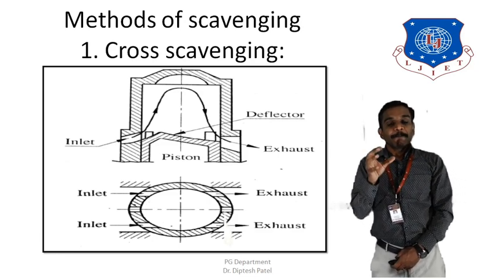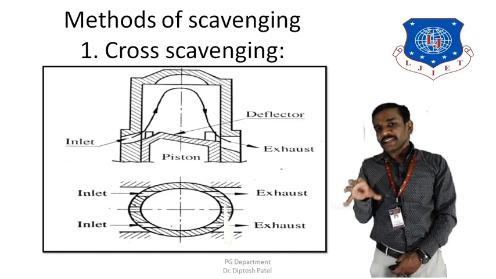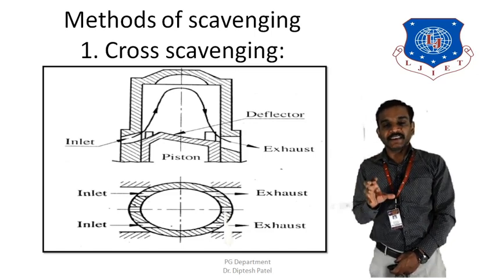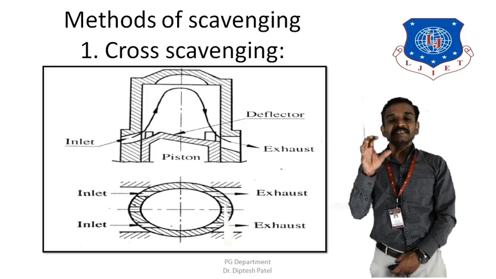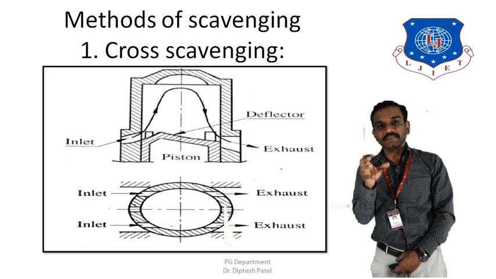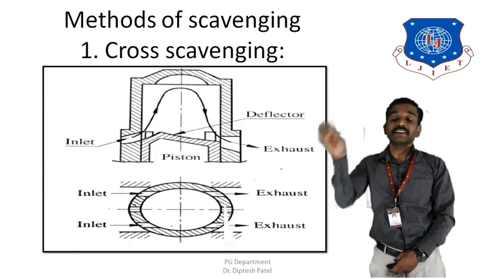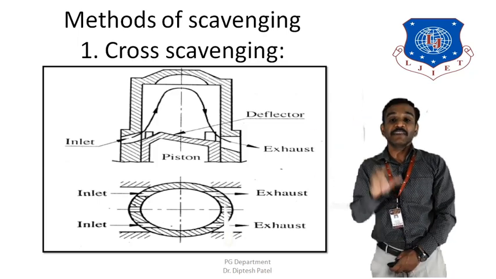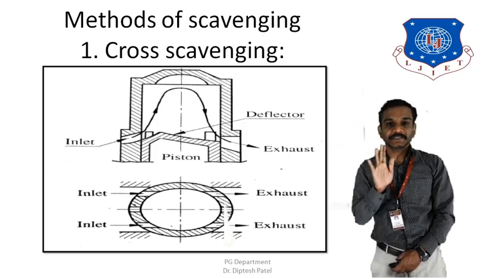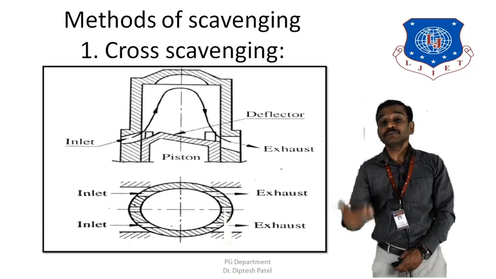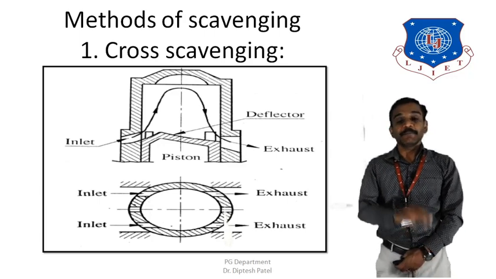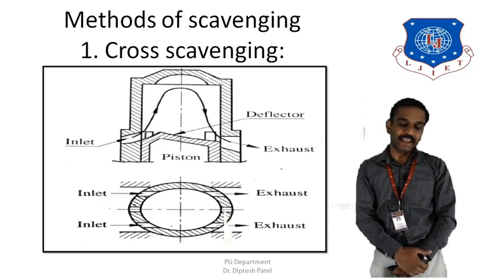This fresh charge remains in the crankcase, and when the transfer port opens, the fresh charge enters the cylinder forcefully with a certain amount of pressure and pushes the exhaust gases out through the exhaust valve. This is how scavenging can be achieved with the help of the crankcase.